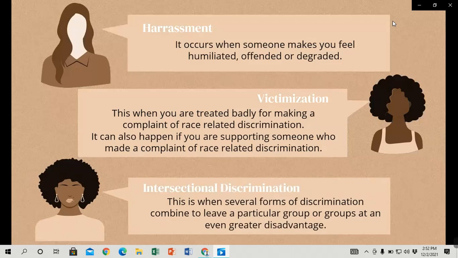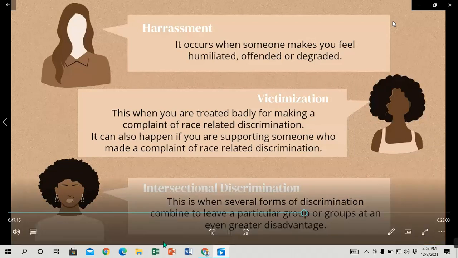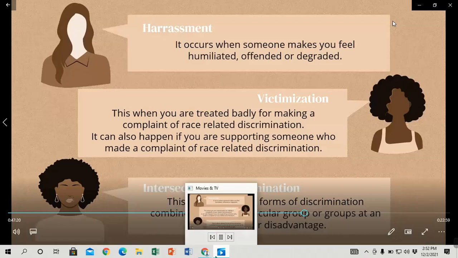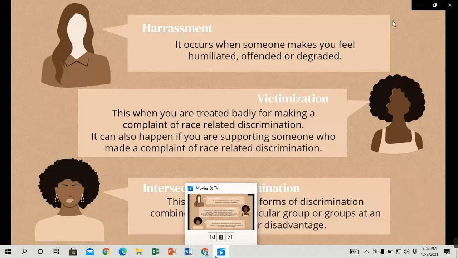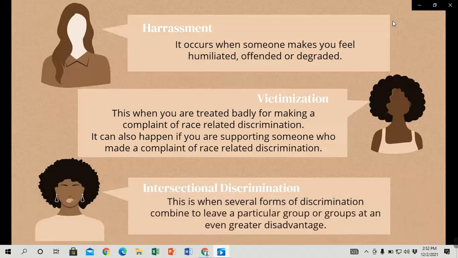the salaries. For example, if you are a woman working in this company, some companies would give you less than what was given to the male workers. So that is an example of intersectional discrimination, for example, all women in the workplace are given less than all the men in the workplace, or all the black people working are given less than all the white people working in the workplace.